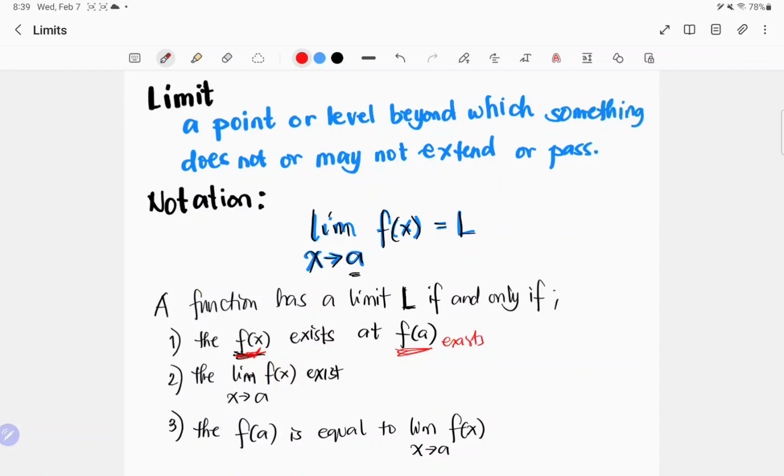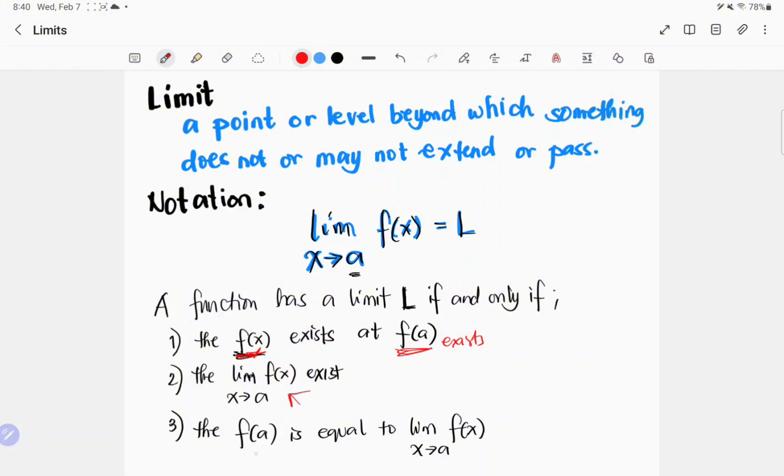In condition number 2, the limit of f of x as x approaches a must exist. Now, for a limit to exist in a given function, the left-hand limit and the right-hand limit must be equal. If not, then we could conclude that the limit does not exist.